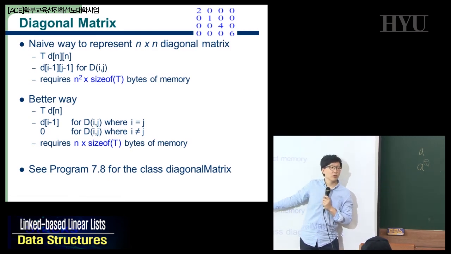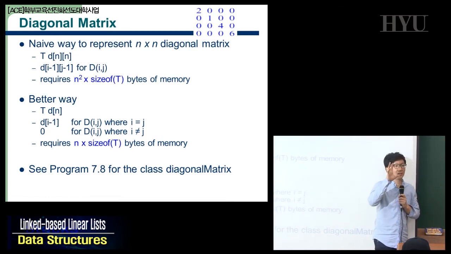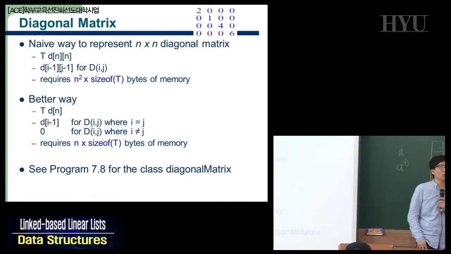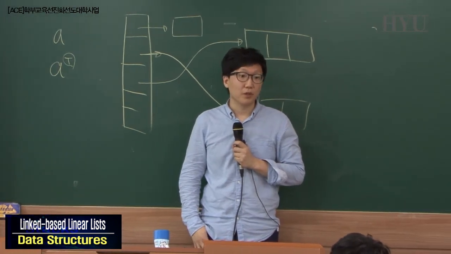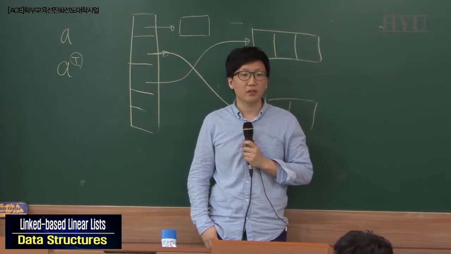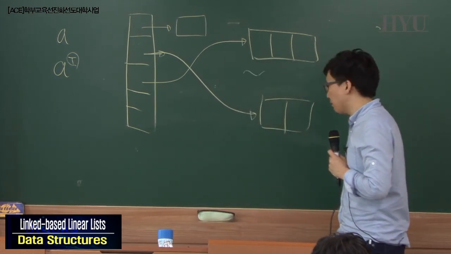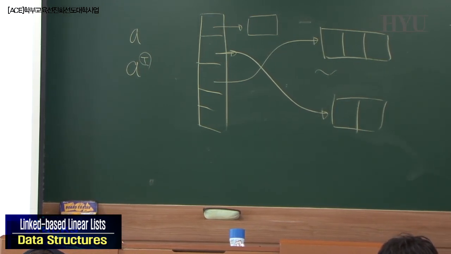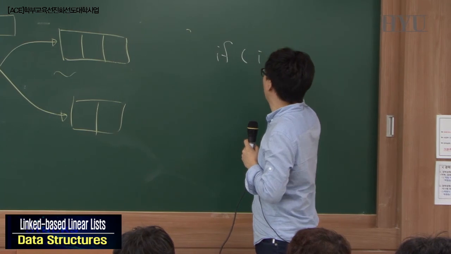Maybe before I go into the list, this array, I made some index checking functions. If i is less than 1, or j is, I don't know, also i and j not equal to each other, then return 0. Something like this.